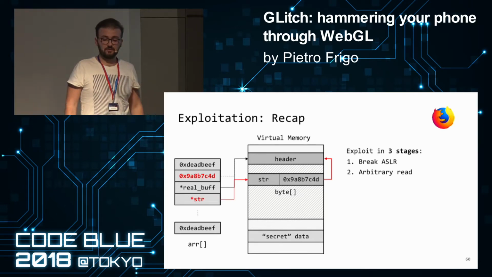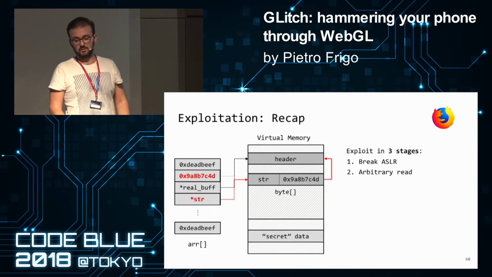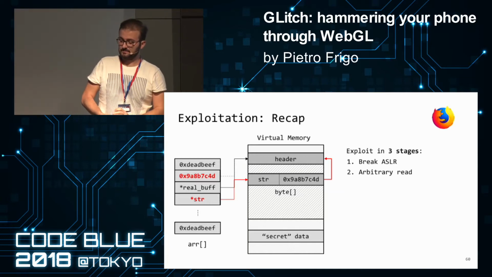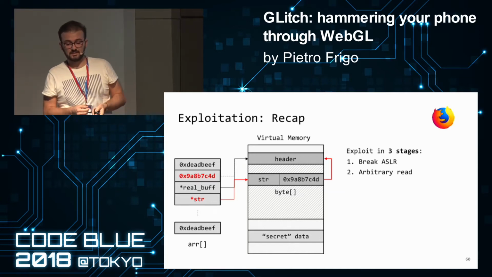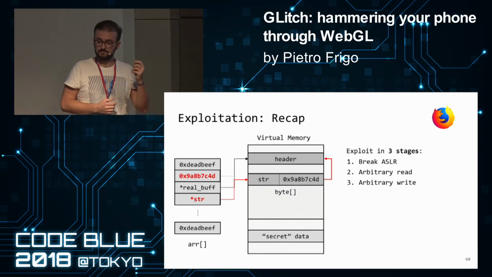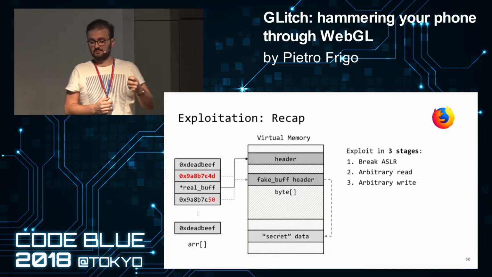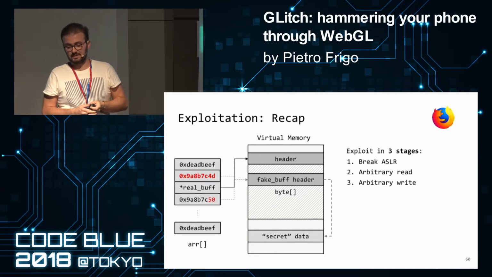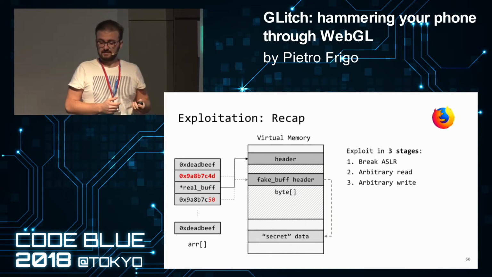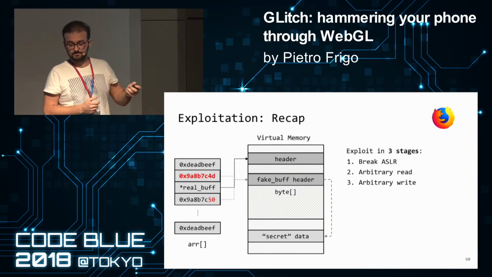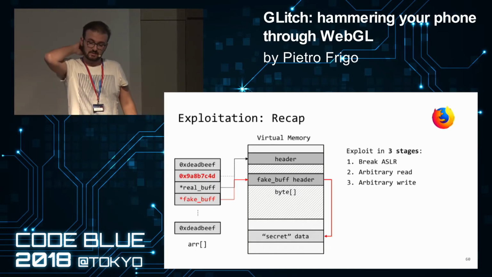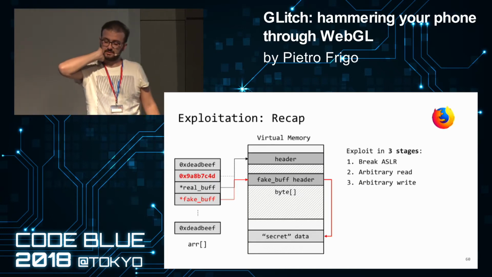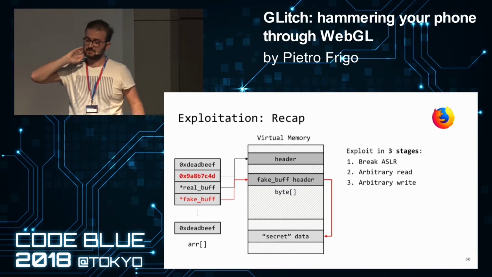And then you trigger the bit flip that will change that into a pointer, so you can reference your fake string. And then you can leak the header of the array buffer. And finally, you get the arbitrary write by triggering the bit flip again on the fake array buffer header. And then basically you can leak any data you want, and you can also overwrite any data you want.